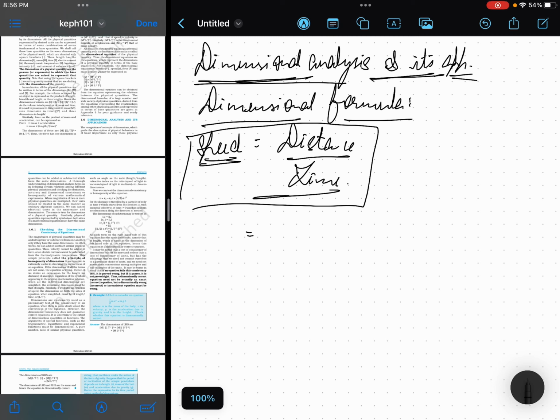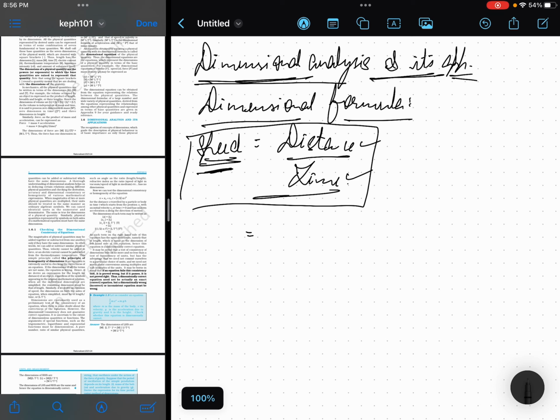So basically, speed is formed with two basic quantities which cannot be broken further. The two basic quantities in this case are, first, distance, and second, time.